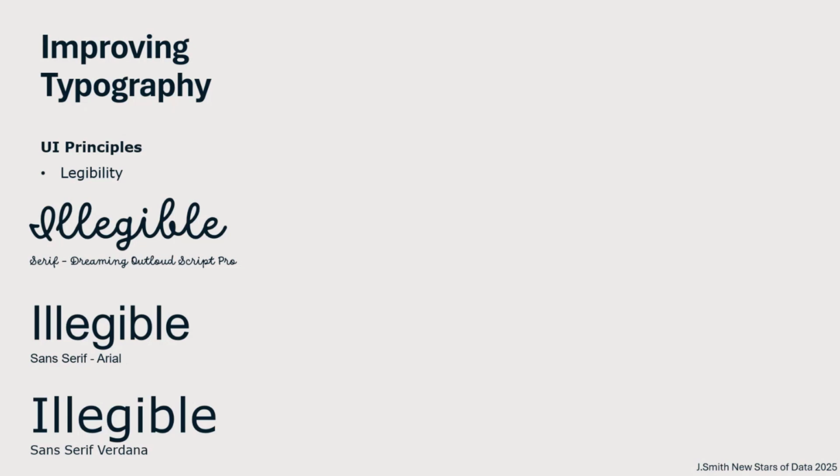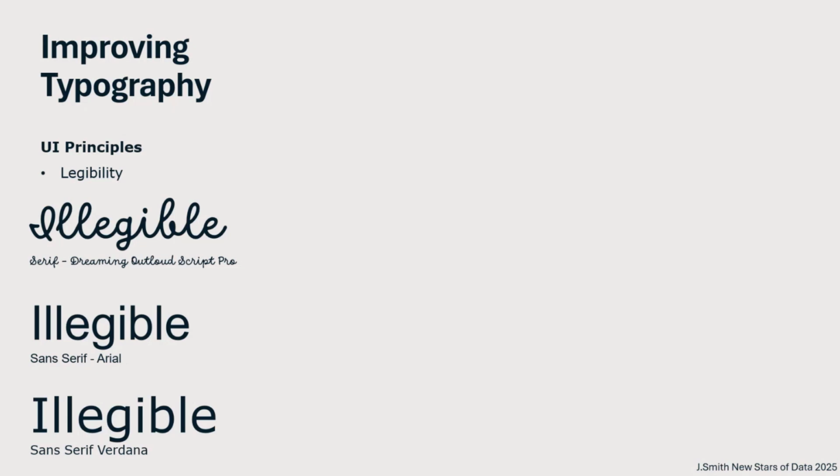The first is in a serif family, those fonts that have a more decorative format, and it's very difficult to tell some of the letters apart. And then the other 2 fonts are both sans serif, but there are still significant differences in terms of legibility.